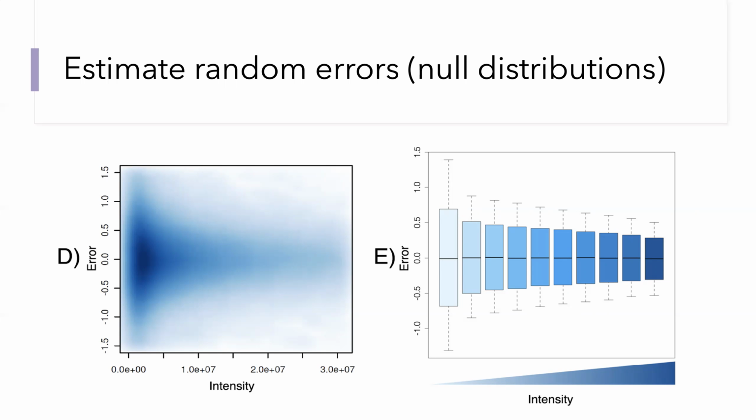If we don't take into account this dependence, we are going to underestimate the significance of differential protein abundance for abundant proteins. And more problematically, we are going to overestimate the significance for the abundance changes of lowly abundant proteins. And therefore, we can simply take into account the random errors distribution for each peptide relative to its intensity and prevent such systematic errors in the estimates of statistical significance.